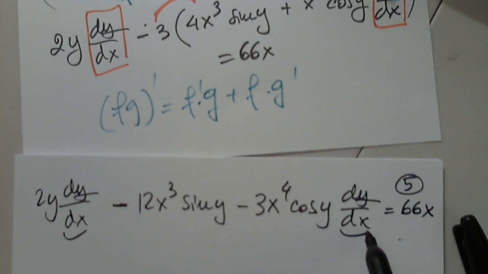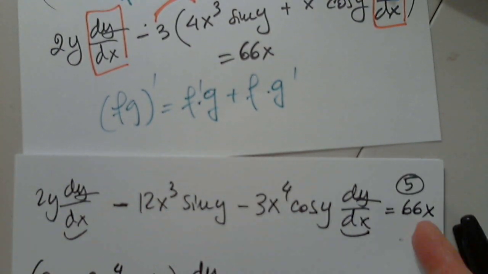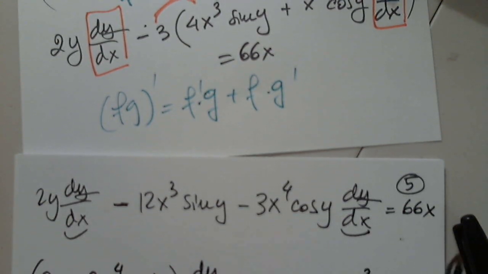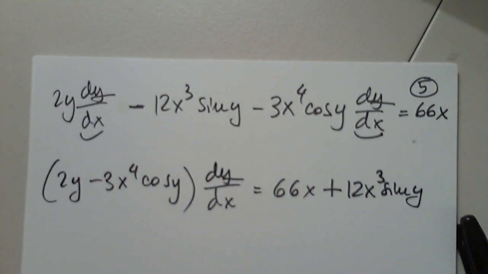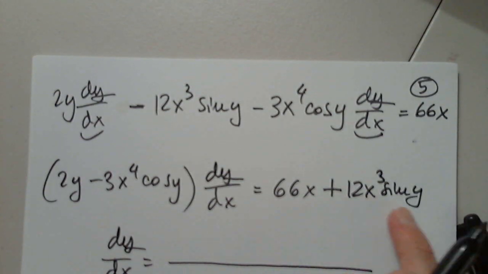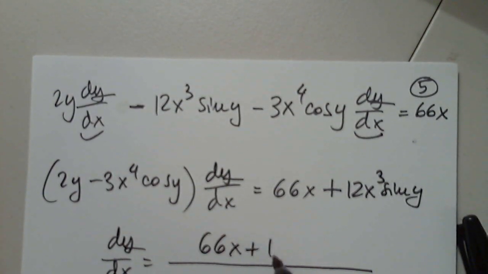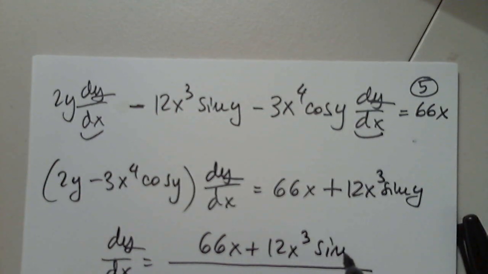Now I will factor dy over dx, so I have 2y minus 3x to the fourth cosine y dy over dx. This term will be joined by this term with positive 12x to the third sine y. So therefore, dy over dx equals all this over all this.